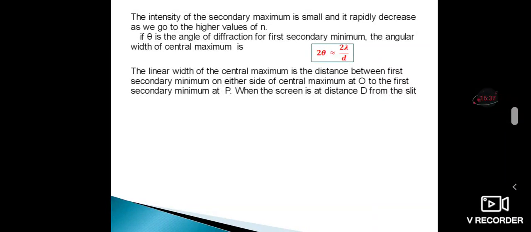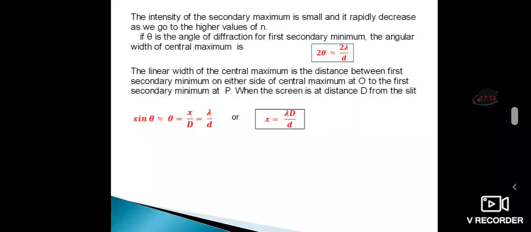Now we consider the linear width of the central maximum. It is the distance between the first secondary minimum on either side of the central maximum at O to the first secondary minimum at P. When the screen is at a distance D from the slit, sin theta is approximately equal to theta, which equals x divided by capital D, equal to lambda by d.